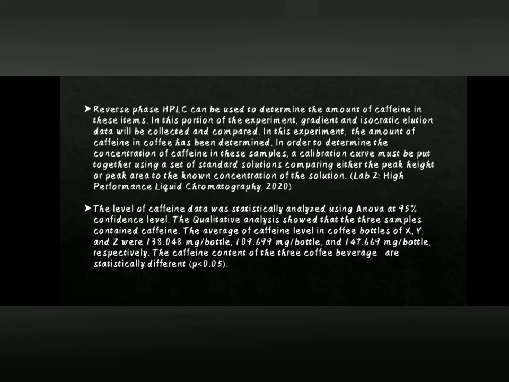In this experiment, the amount of caffeine in coffee has been determined, and reverse phase HPLC can be used to determine it. The level of caffeine data was statistically analyzed using ANOVA at 75% confidence level.